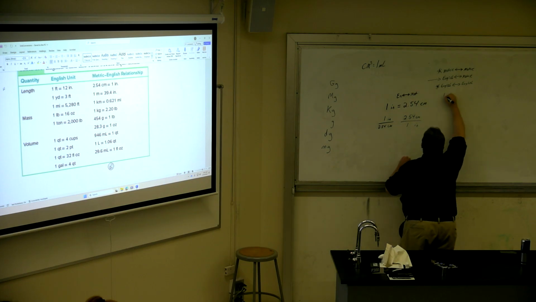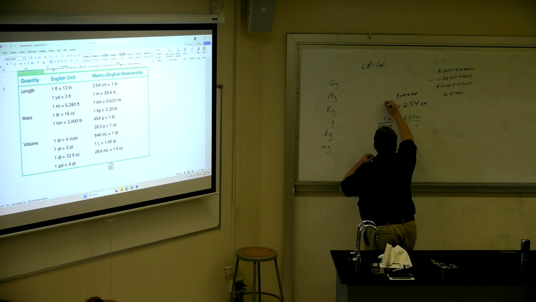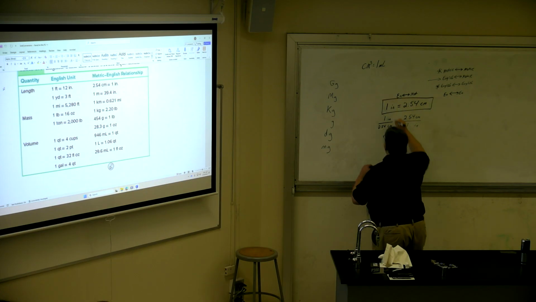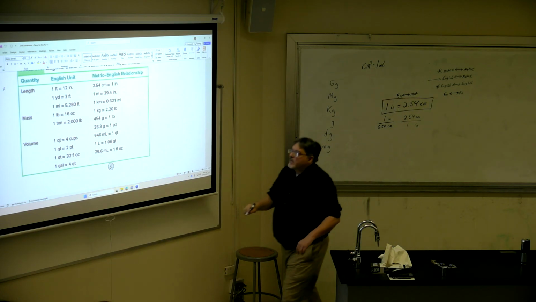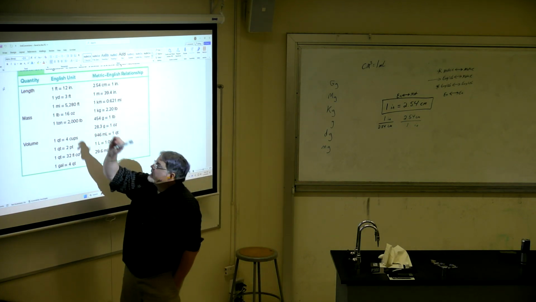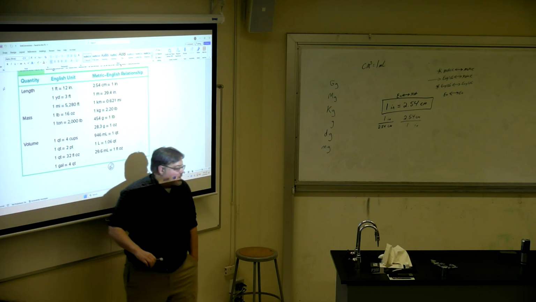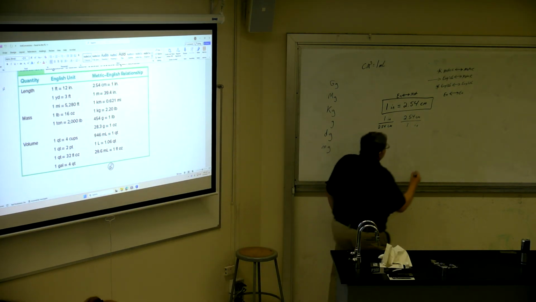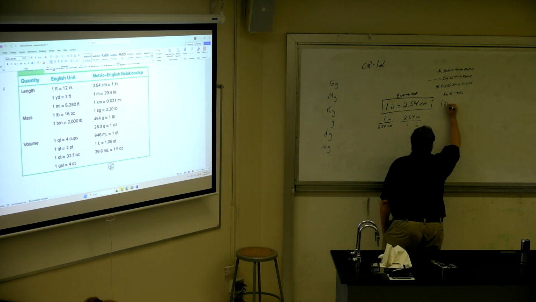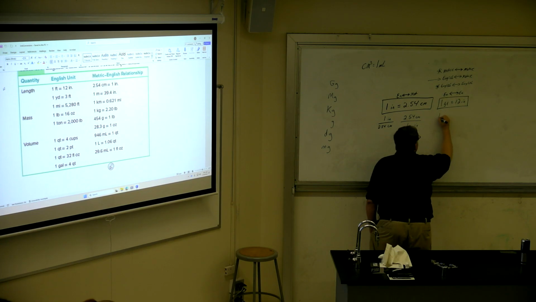Okay. Now let me write down, so this was English to English. No, English to metric. So as an example, English to English, that's this column over here. Let's do, what should we do? Well, 1 foot is 12 inches, that's fine.